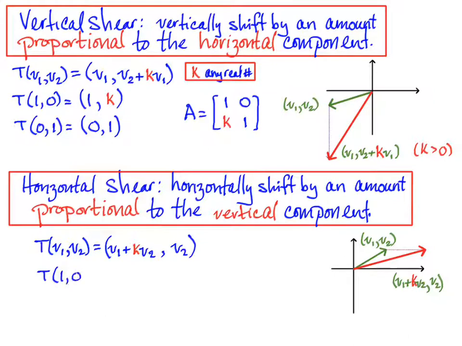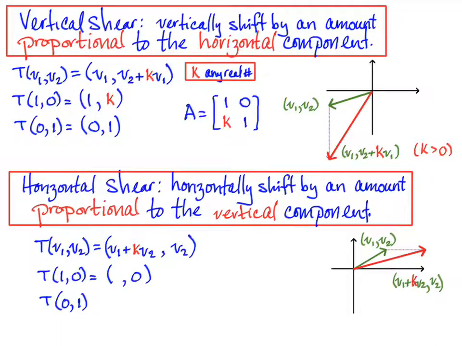So now let's get the standard matrix for this. So we have to find T of 1, 0 and T of 0, 1. So T of 1, 0, if we're shifting horizontally, we're not changing the vertical component. So the second component stays 0, but the first component is going to be V1 plus K times 0.